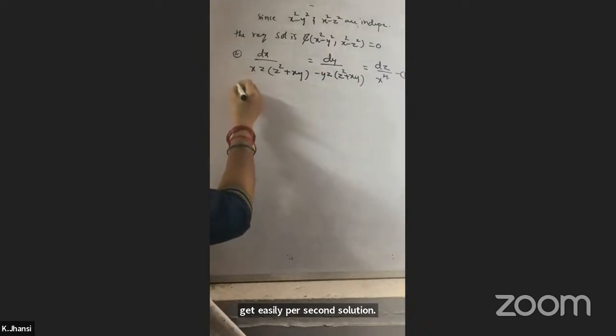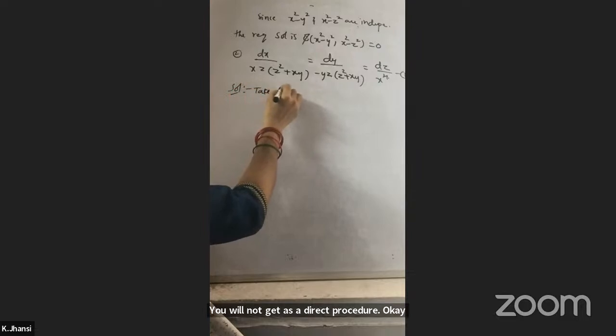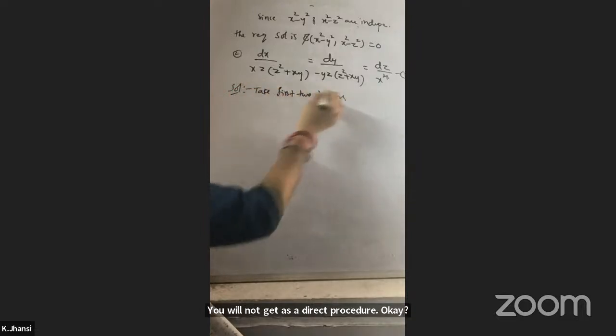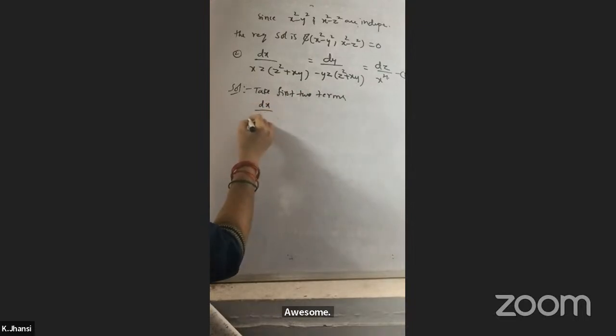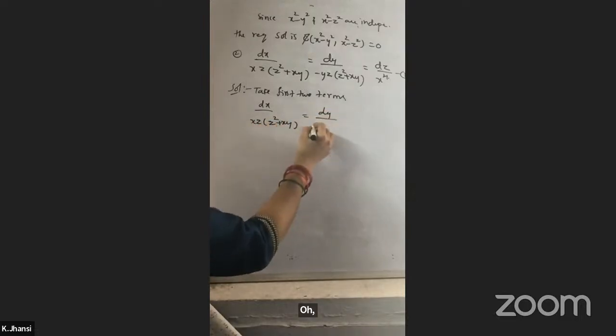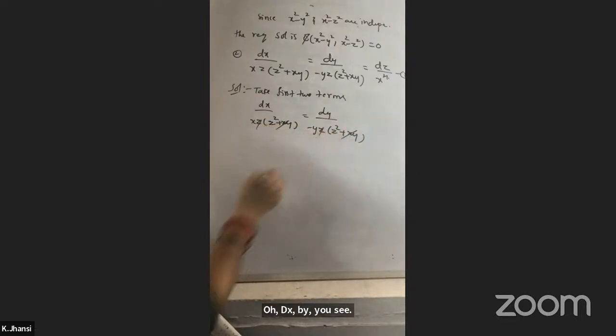So now take first two terms. So dx by z into z square plus xy is equals to dy by minus yz into z square plus xy. Okay, this and also z will get cancelled.